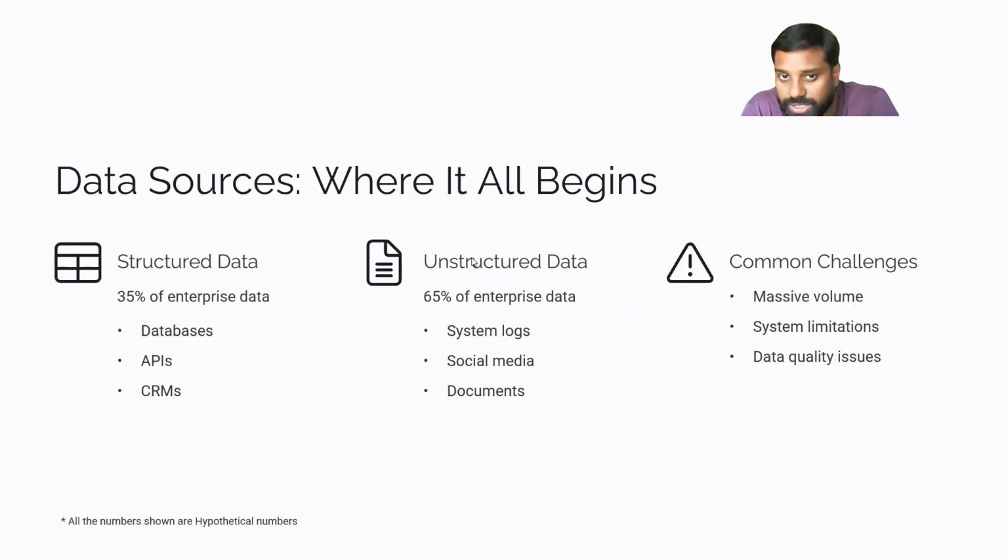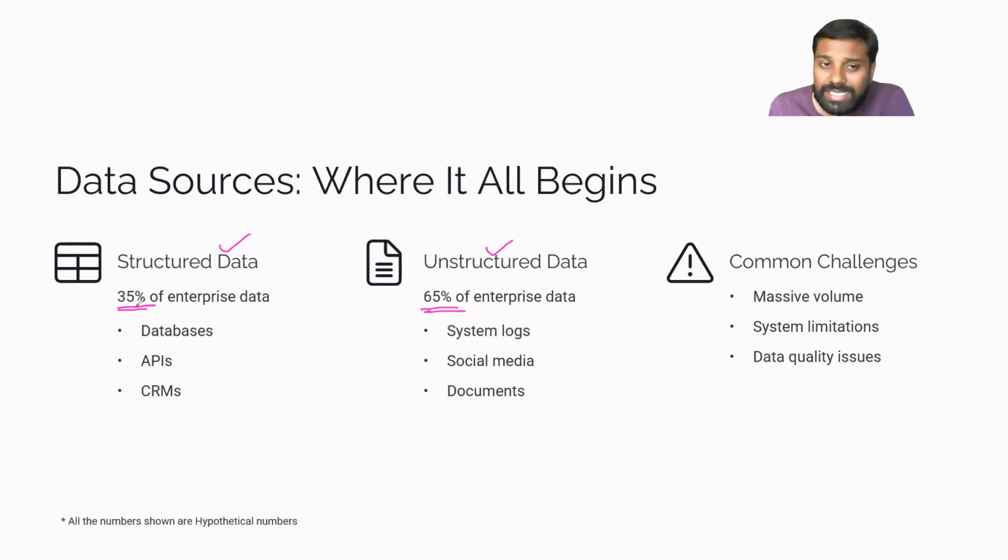When we talk about sources, we have to understand that data comes in different formats, which broadly are categorized into structured and unstructured formats. Again, these are hypothetical numbers just to give you the kind of impact to understand which format of the data is generated more in today's date.